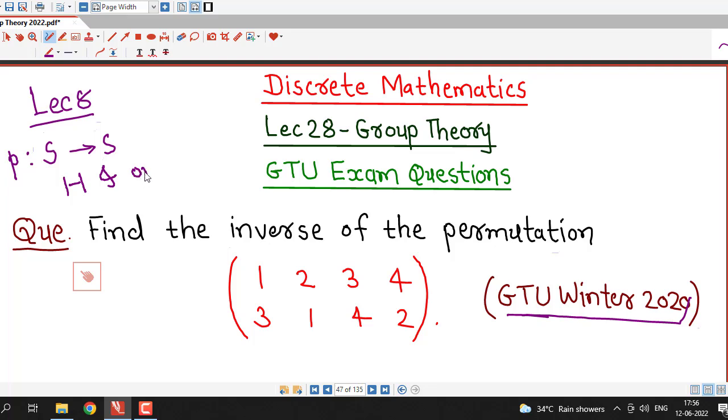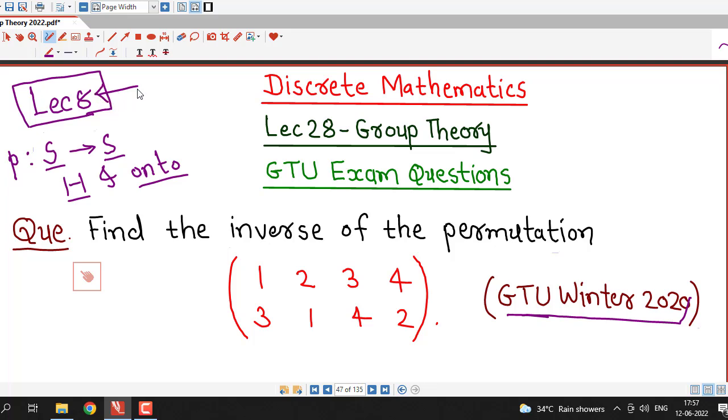A 1 and onto function from a set S to itself is called a permutation, and we have discussed about permutations and permutation group in detail in lecture number 8 on group theory.